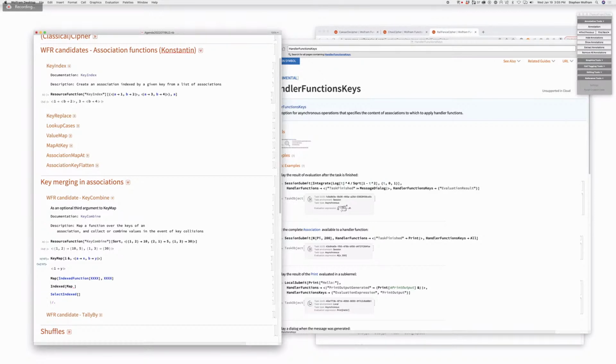Let's say I say ABC /. x_ -> f[x] or something. My question is, when this f gets applied, right now there's no indexed version of this. I can't have this f know where it was getting applied. Does that make sense?